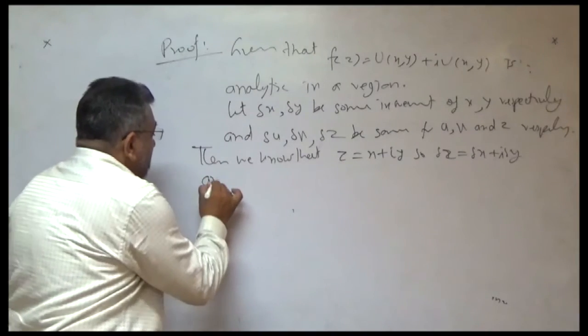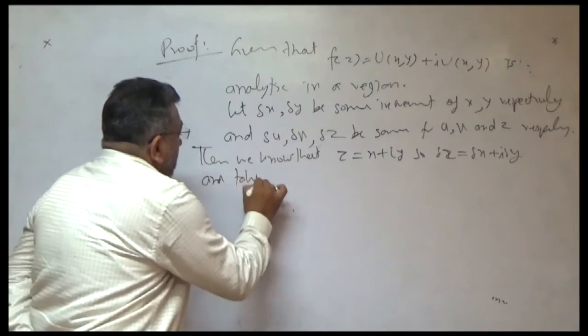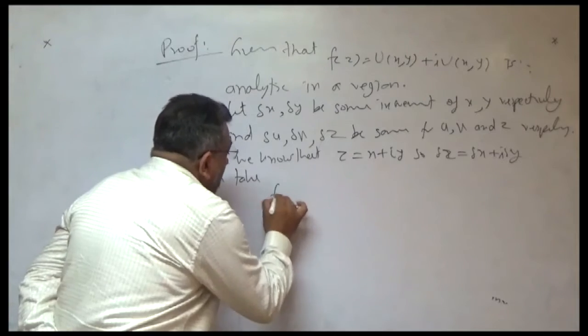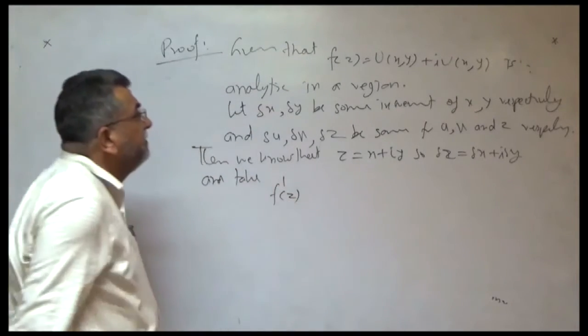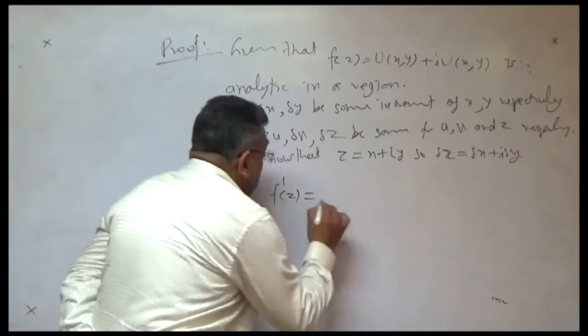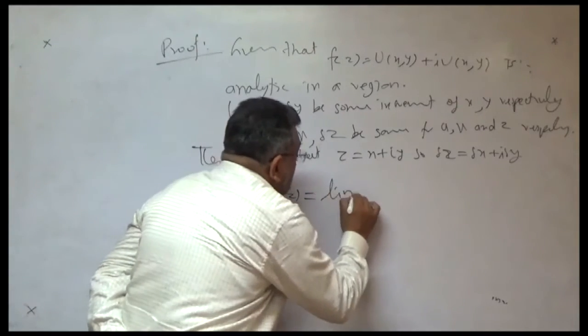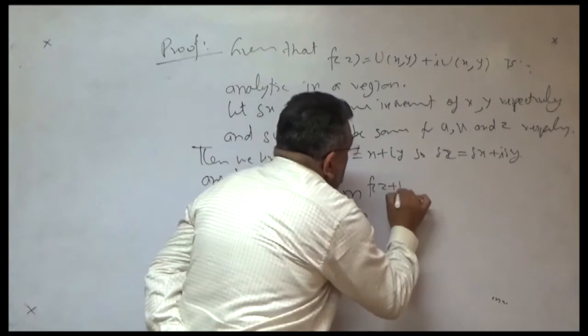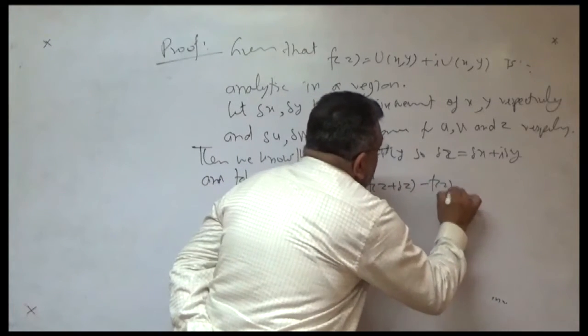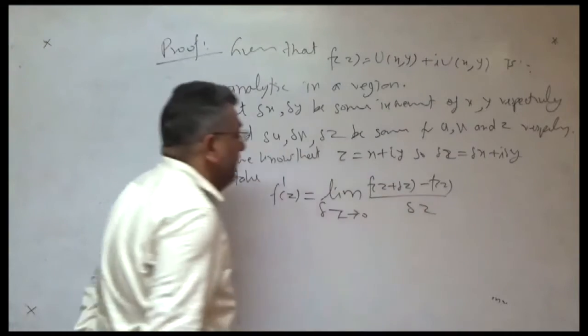And what is the definition of f(z) here? By the standard formula, f dash z is the limit as delta z tends to 0 of f(z plus del z) minus f(z) upon del z.